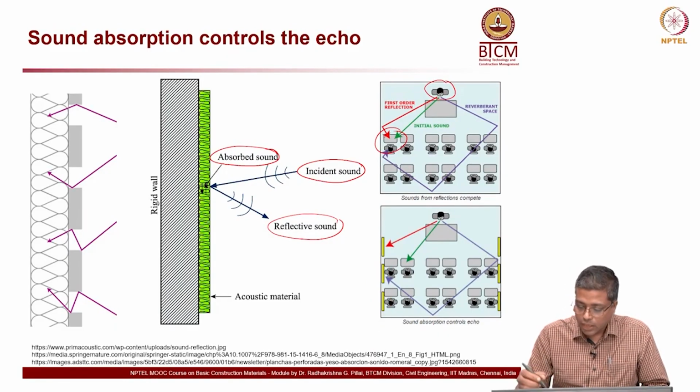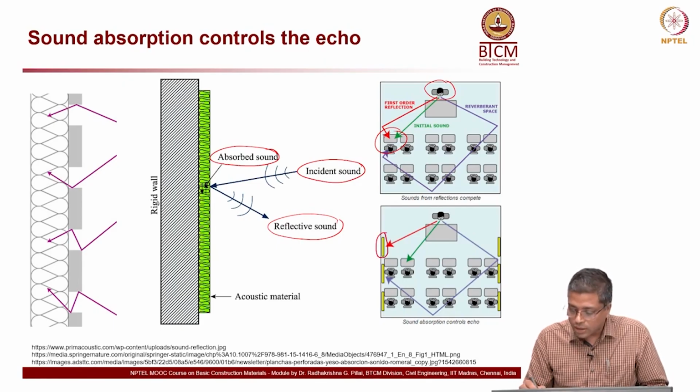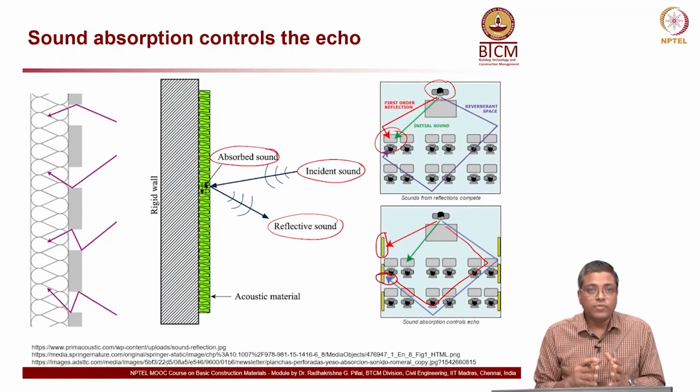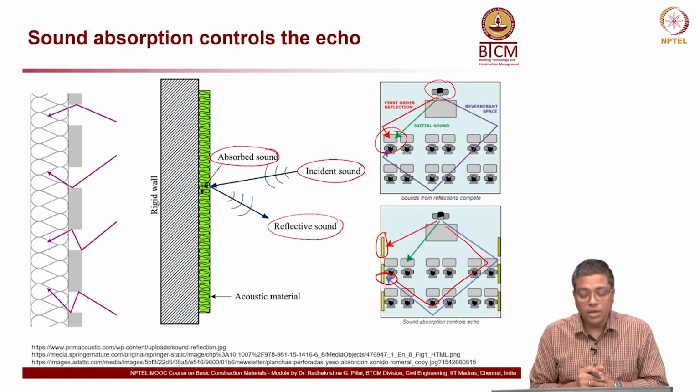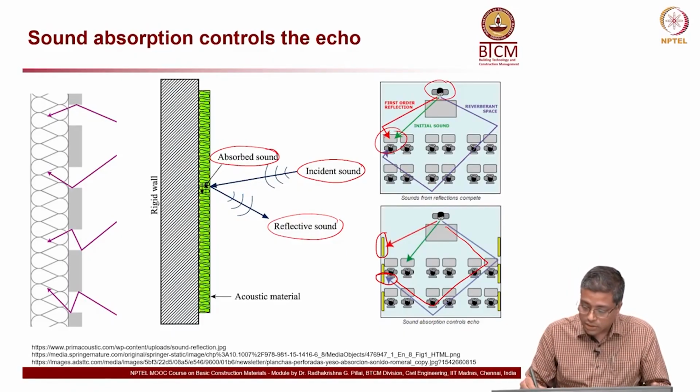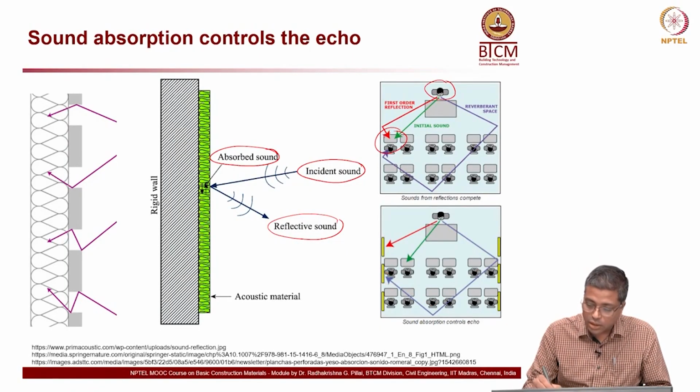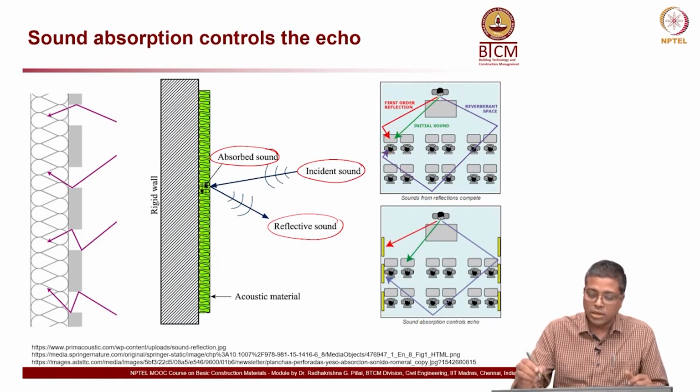See, this red arrow hits here and gets absorbed there, and this line also comes and gets absorbed here. So, the people do not hear any echo. That is the advantage, and these are becoming more and more important in today's buildings.